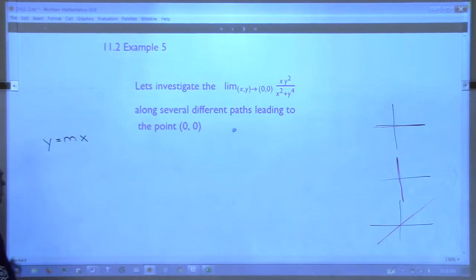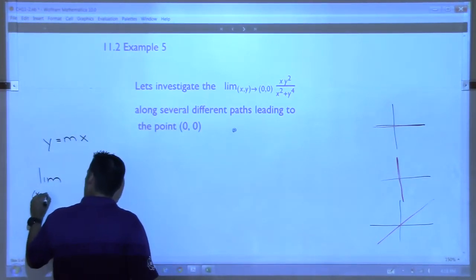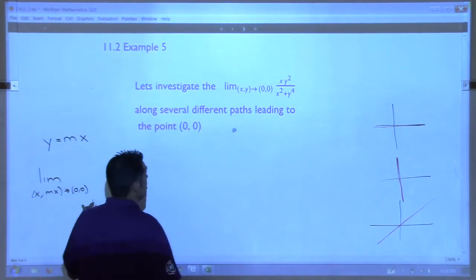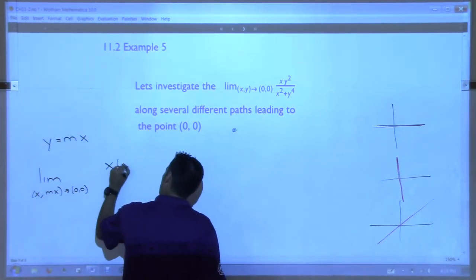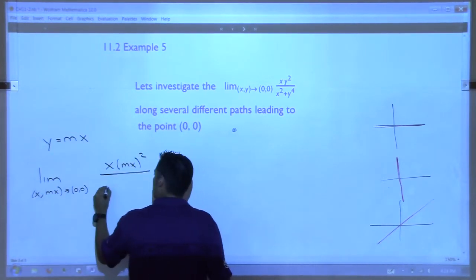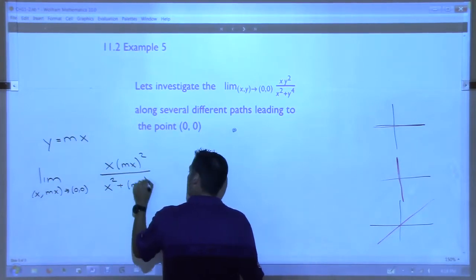Let's just work through it and see what happens. I'm going to replace every y that I see with mx. Limit as (x, mx) goes to (0, 0) of x times (mx) squared over x squared plus (mx) to the 4th.